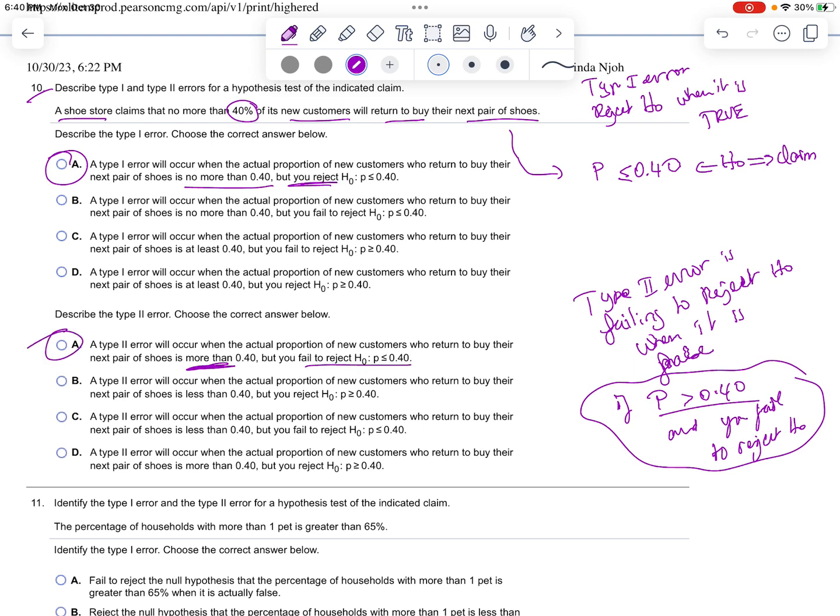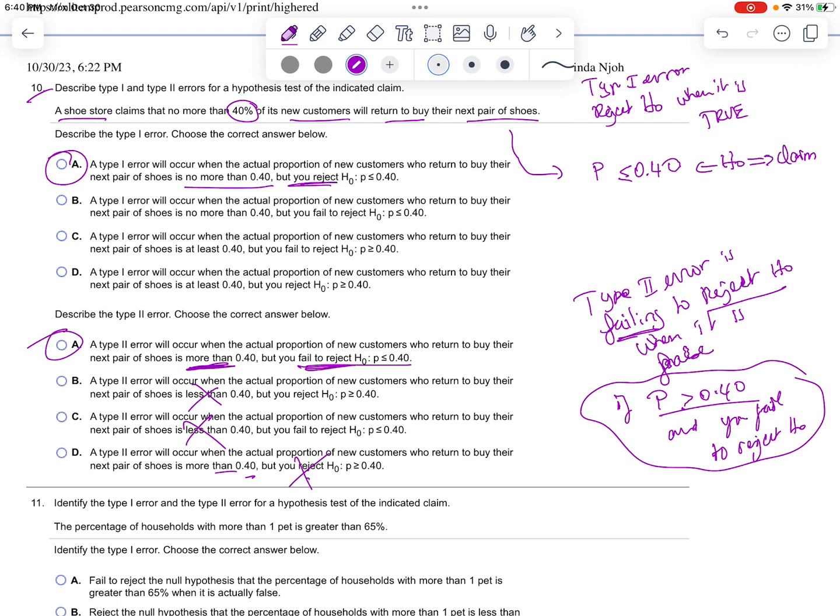Everything else doesn't work. Less than doesn't work. More than, but you reject, see, this is how I know it doesn't work. It has to be more than, right? This sign, and you fail to reject. Fail to reject because that's what's in the statement. So know your definitions. Know what a type 1 error is. Know what a type 2 error is. If you don't know, you cannot solve this problem.